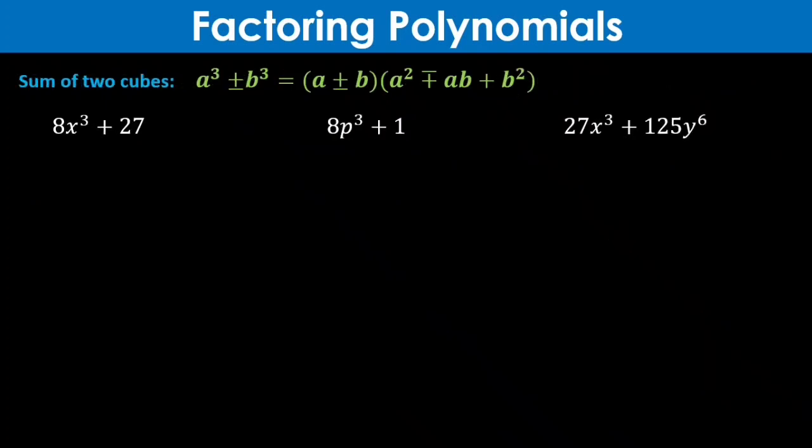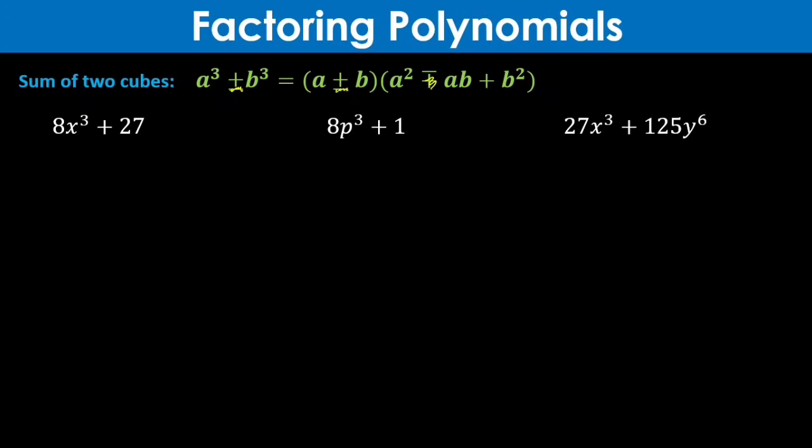Here we have sum of two cubes. Now this is the formula for sum of two cubes, a plus b cubed, and then the result is a plus b. But in the second factor, you have a squared minus, okay, you look at the factor here.